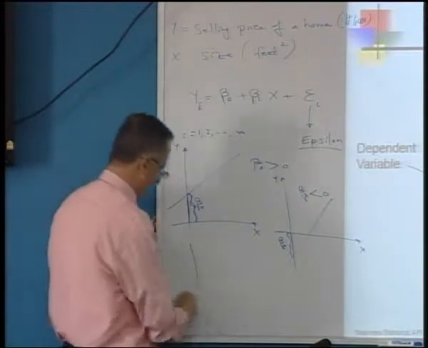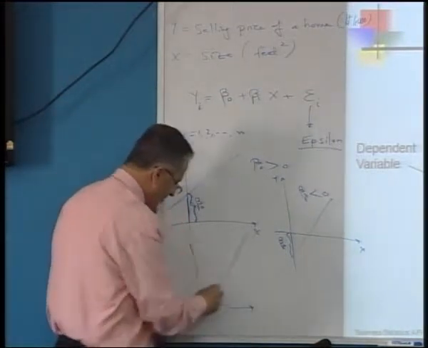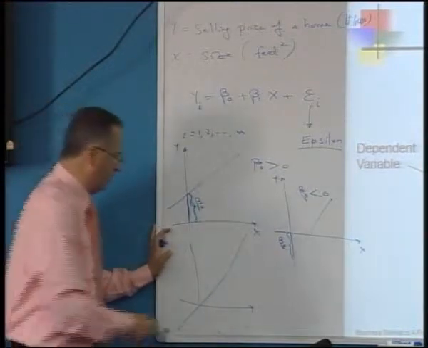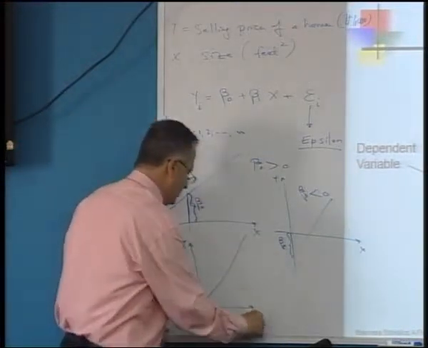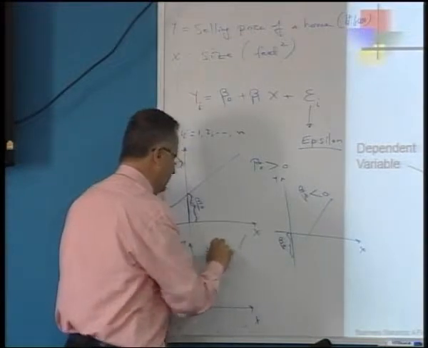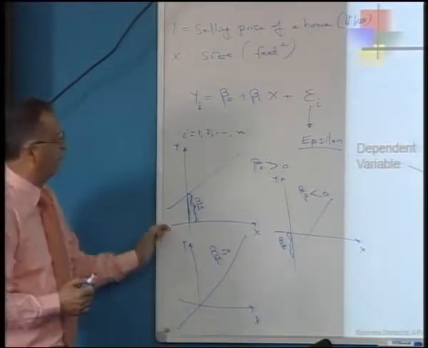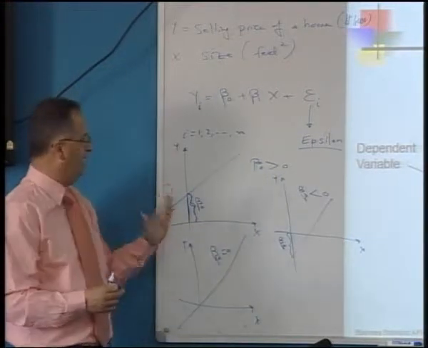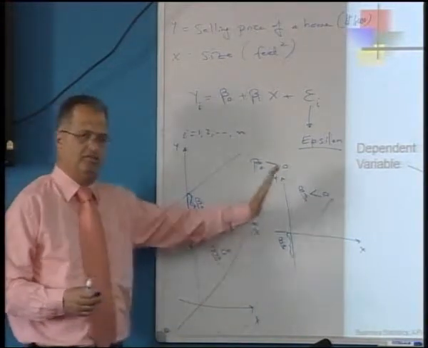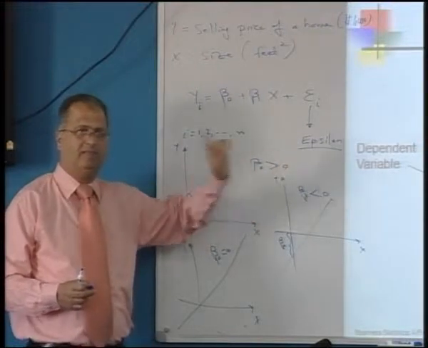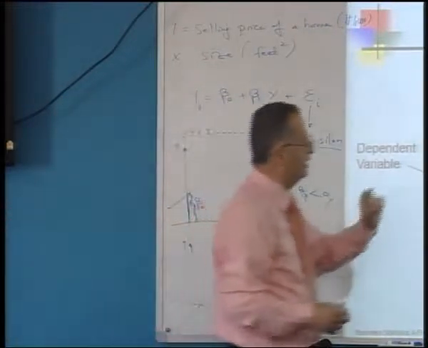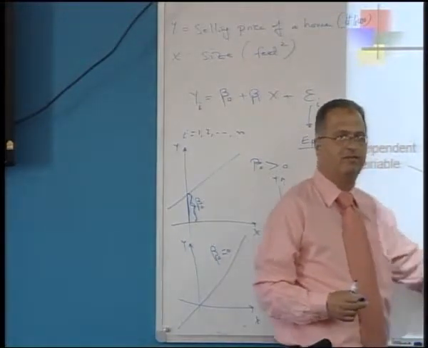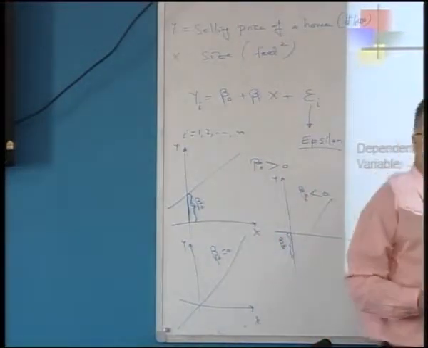Or maybe the straight line passes through the origin point, so in this case beta 0 equals 0. So it could be positive, negative, or equal 0, but still we have a positive relationship. That means the sign of beta 0 does not affect the relationship between y and x.